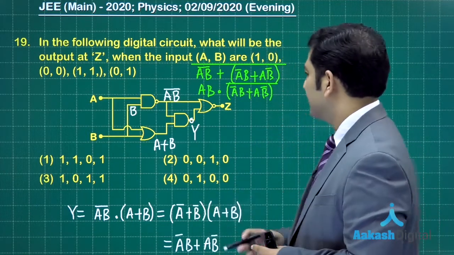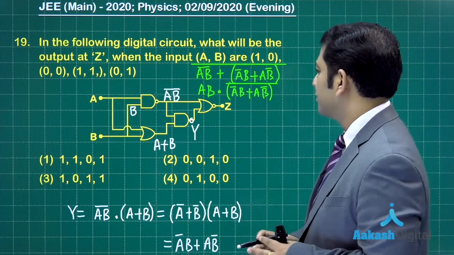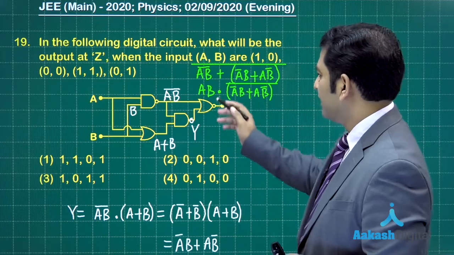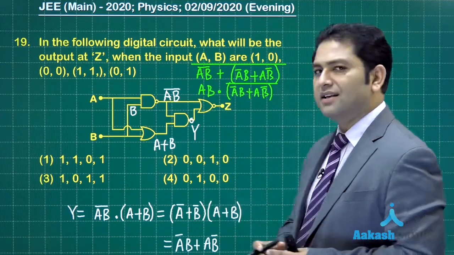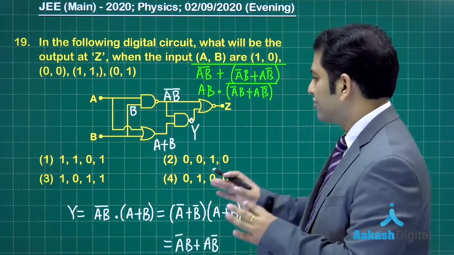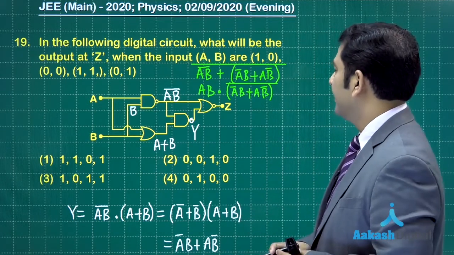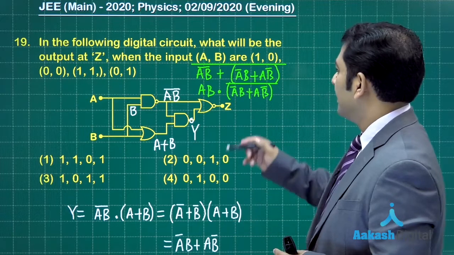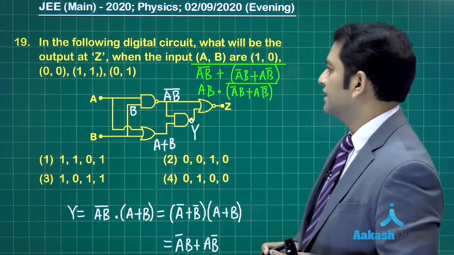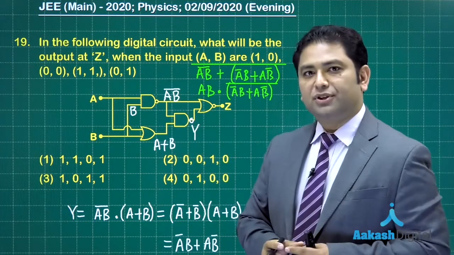Now what you can do is, at a single glance you could see the output is going to be 0 if either of A or B is 0, or even when both are 0. So let's try to work with that. And here you could see in the first, second and fourth case, either of the inputs is 0.